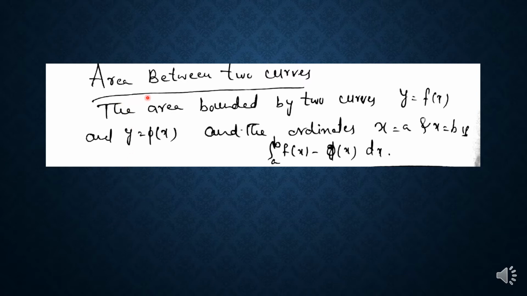To find the area between two curves, the area bounded by two curves y is equal to f of x and y is equal to phi of x. If we have given the two curves, y is equal to f of x the first curve and y is equal to phi of x the second curve, and between the ordinates x is equal to a and x is equal to b, the area is integral a to b f of x dx minus integral a to b phi of x dx.